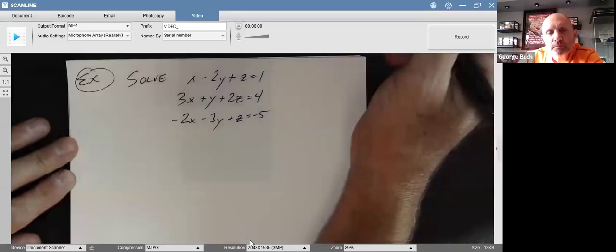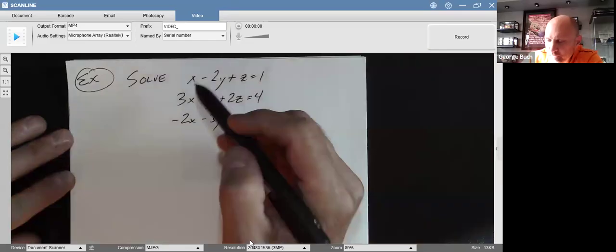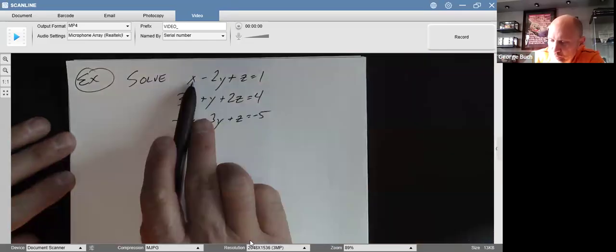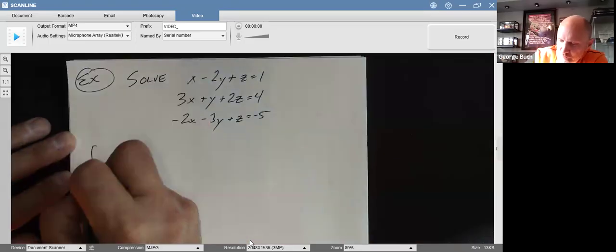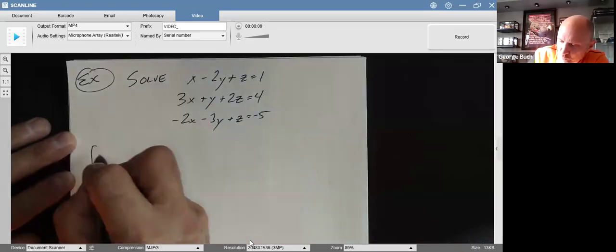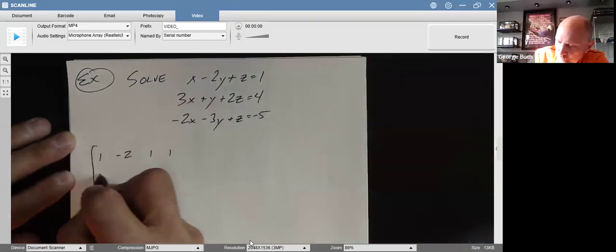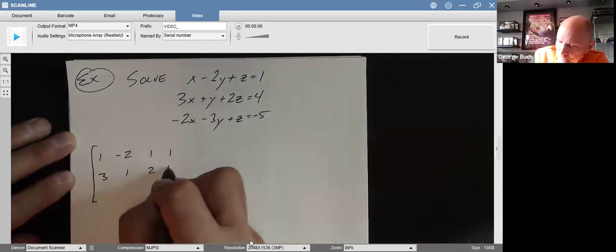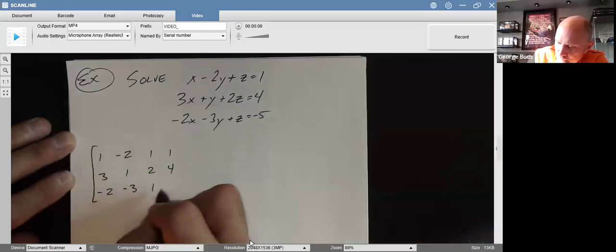So if you remember, ideally we want what? A 1 in the upper left. Well, when I convert this to an augmented matrix, because this is a 1, that's what I'm going to have. So I'm just going to leave everything as it is. So 1, negative 2, 1, 1, 3, 1, 2, 4, negative 2, negative 3, 1, negative 5.